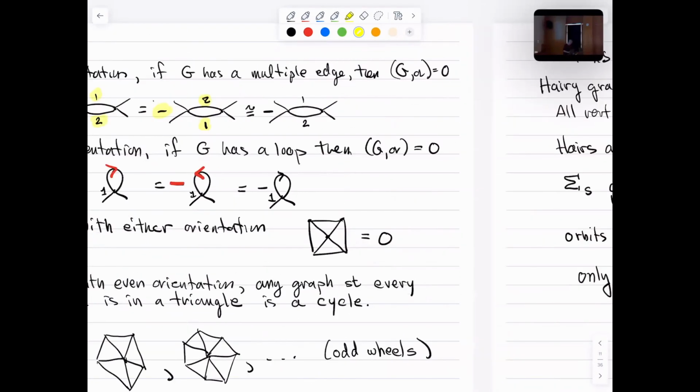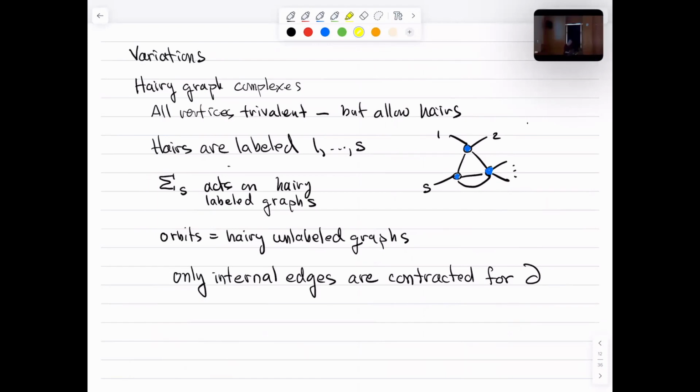Supposing I have a graph, which has some vertices, some edges, something like that. And I'm interested in understanding something about this complex of graphs.